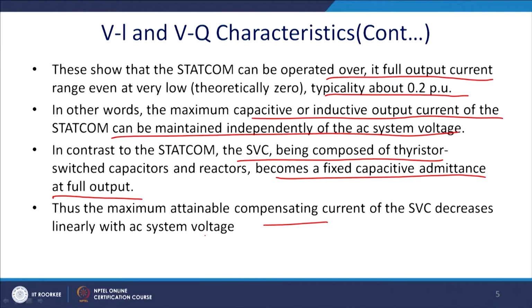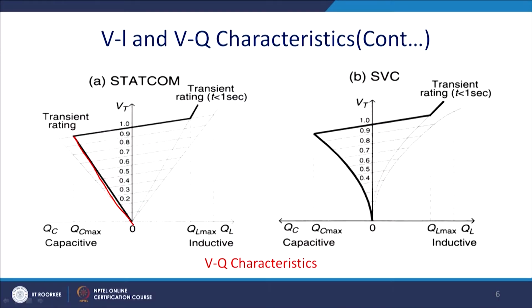Thus, the maximum attainable compensating current of the SVC decreases linearly with the AC system voltage, and thus the Q handling capability also decreases. And this curve corresponds to Q and V, and essentially it is an admittance curve.